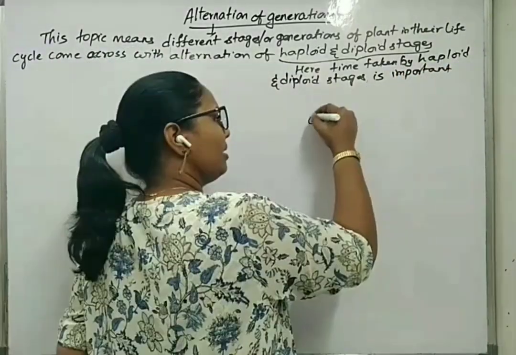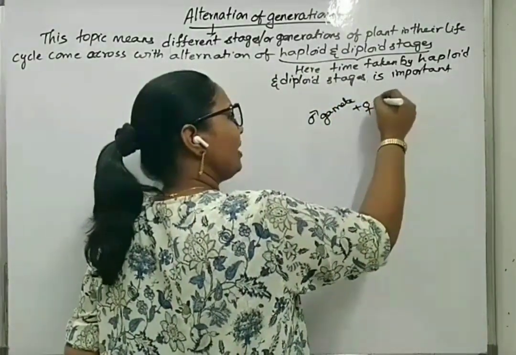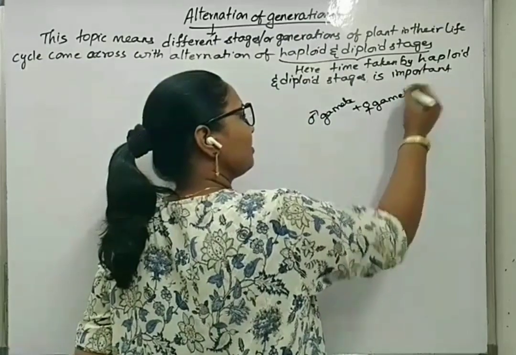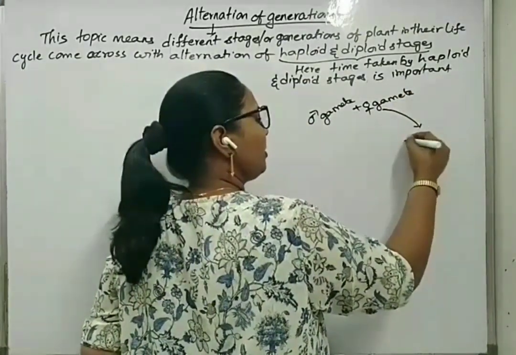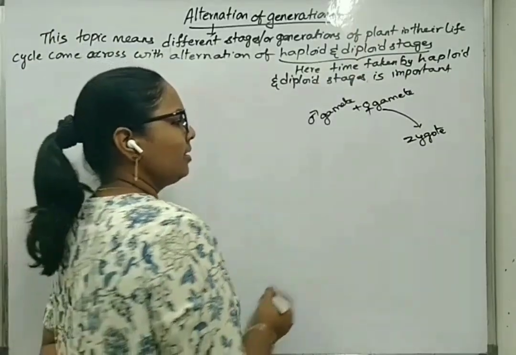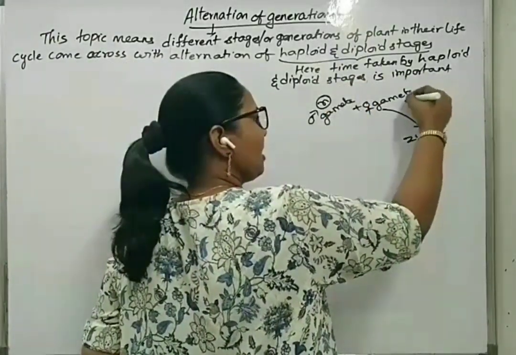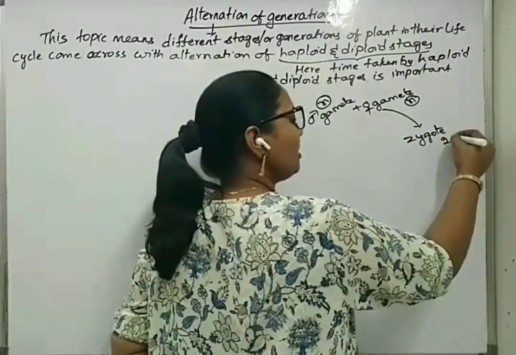Generally, we know that the male gamete fuses with the female gamete and forms a zygote. This male gamete is haploid in nature, and this female gamete is haploid in nature. The zygote is diploid in nature.